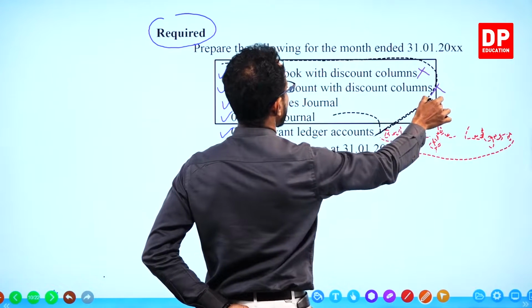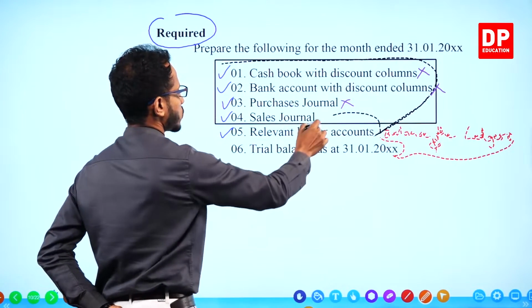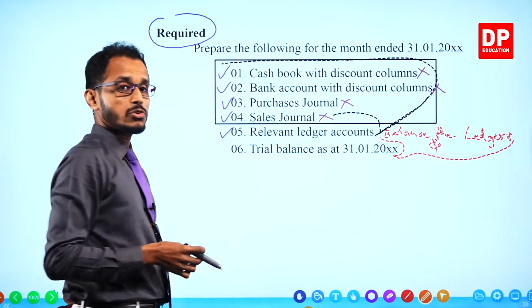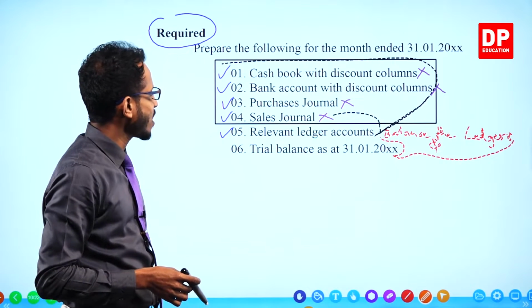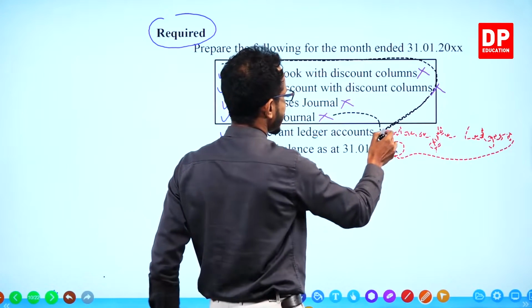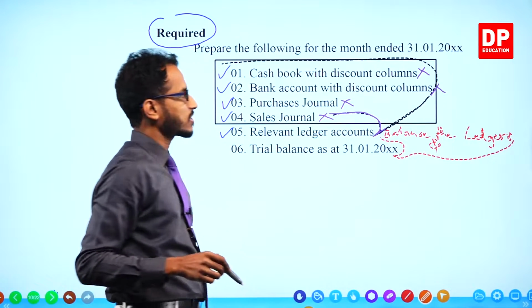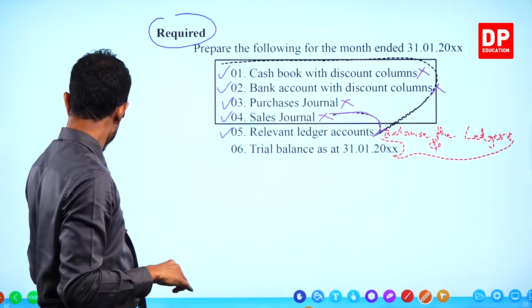Bank account also finished. Purchase journal also done, and sales journal also done. Ledger accounts, relevant ledger accounts. Right. Let's check the relevant ledger accounts now.